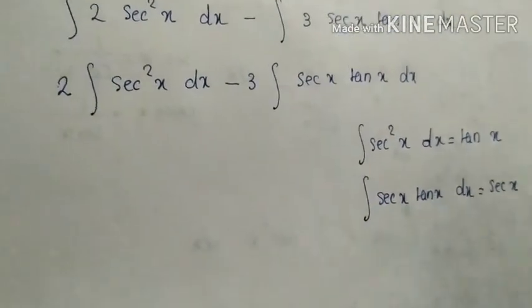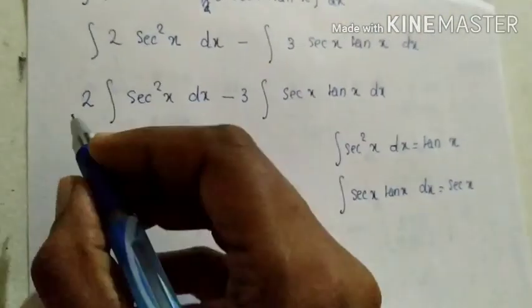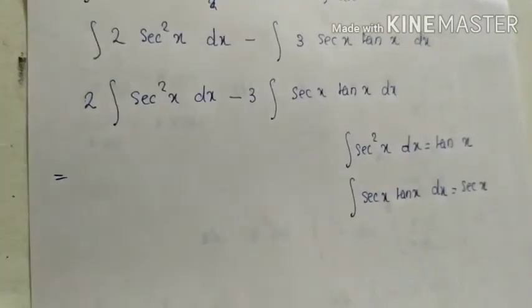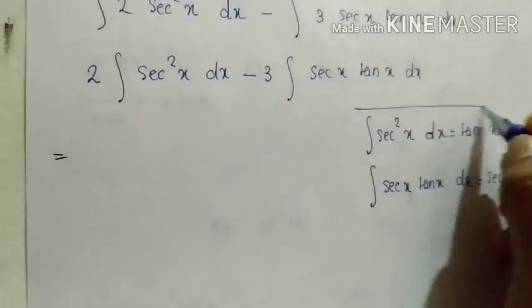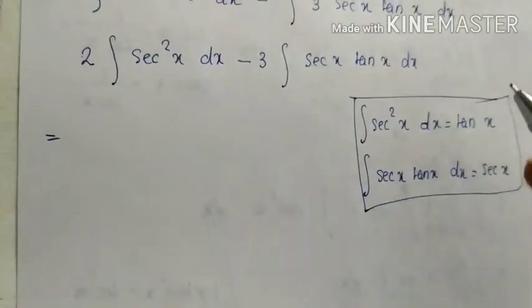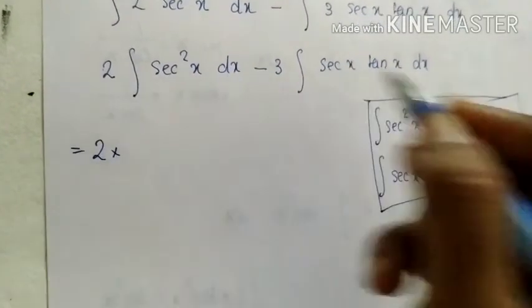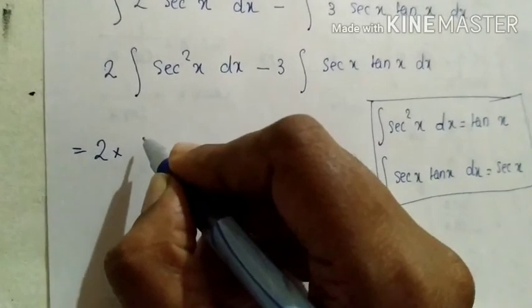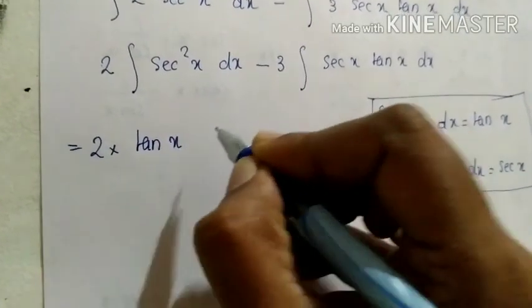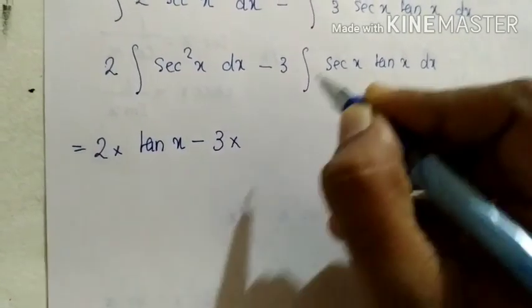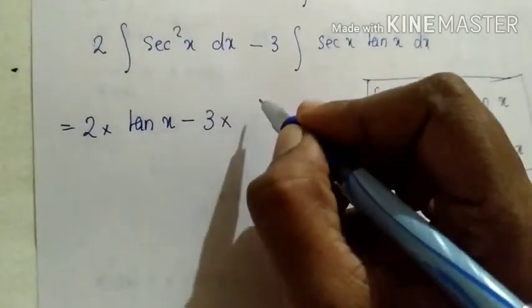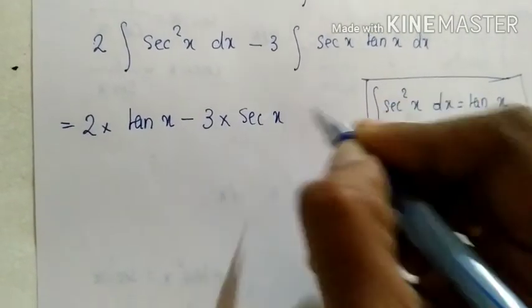So replacing these with the answers, we get our final answer. So write 2 into integral sec square x dx replaced by tan x, and minus 3 into integral sec x tan x, which is sec x, right?